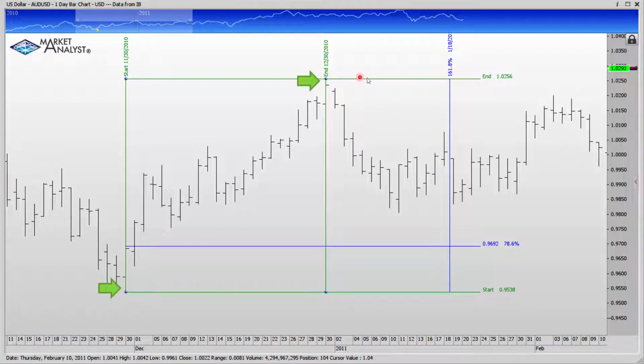As we go forward, we can measure that initial leg, that bullish leg that we see here in time. We measure that and we can divide it by certain percentages, just like we did with our price technique. Notice that I have a 161.8% price retracement line right here.